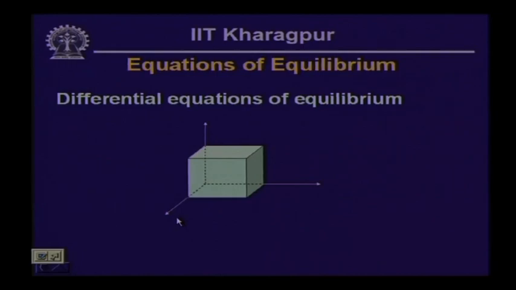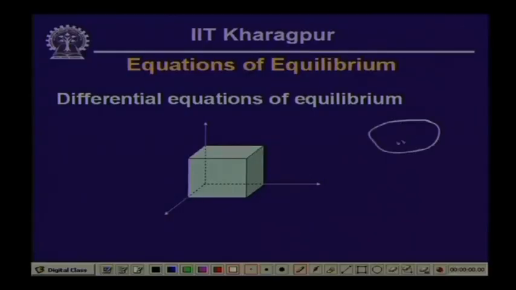Now, having known the stress at a particular point, which is a combination of normal stresses and shearing stresses, let us look at a body where we are interested in finding the change in stress from one point to another. To evaluate the change of the stresses from point to point, we need certain equations to be solved, and those equations we call equations of equilibrium.